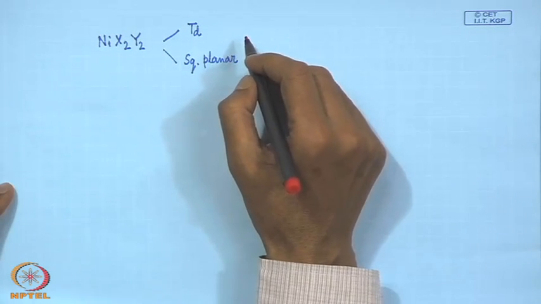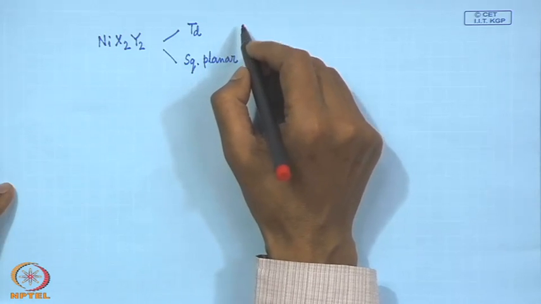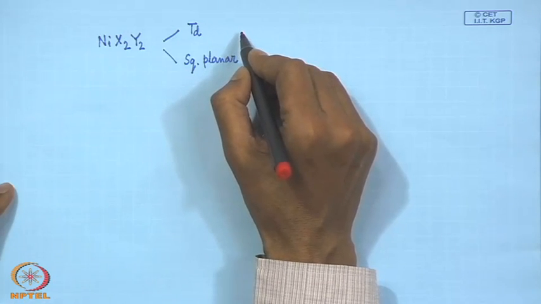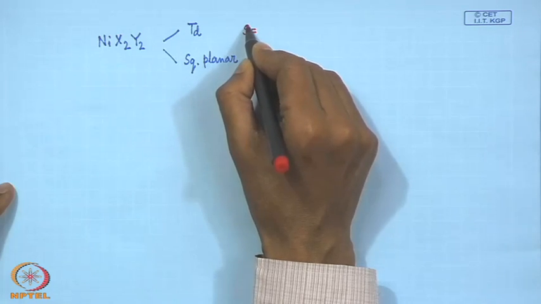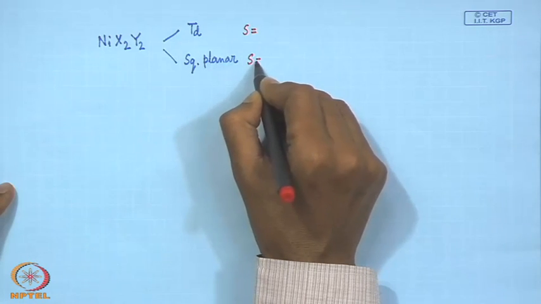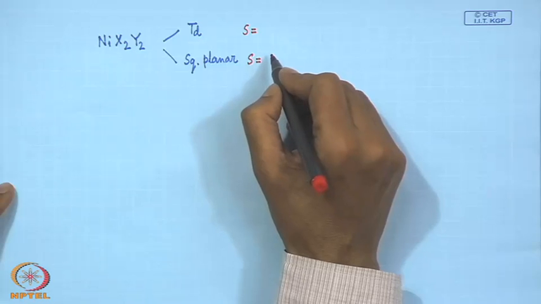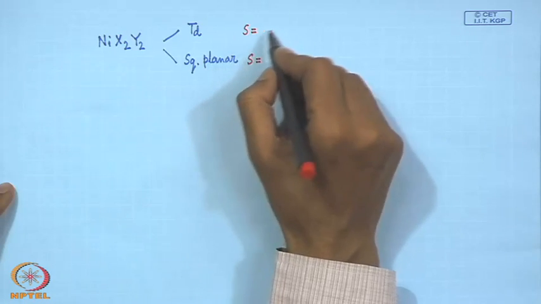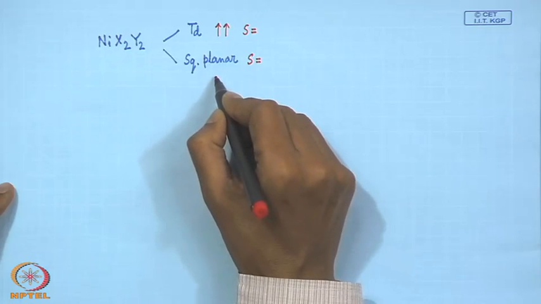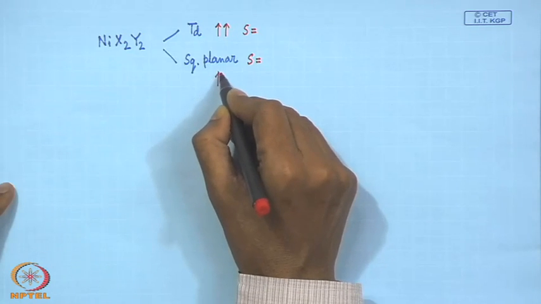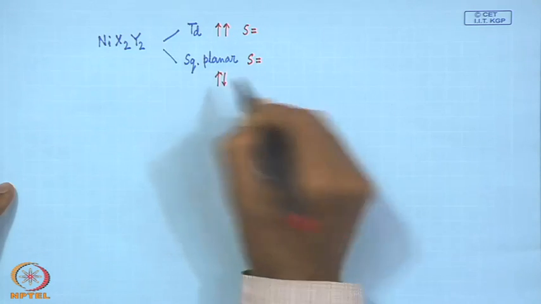We will find in all these cases the number of unpaired electrons would be different. So, we can have S equal to some value here, S equal to some other value. In case of tetrahedral geometry we have 2 unpaired electrons, but here all the electrons are paired.